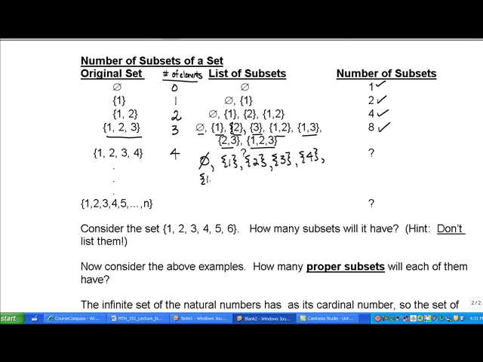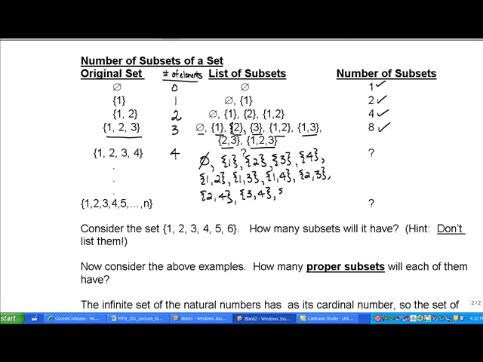We can have a 1 and a 2, a 1 and a 3, a 1 and a 4, a 2 and a 3, a 2 and a 4, and a 3 and a 4.